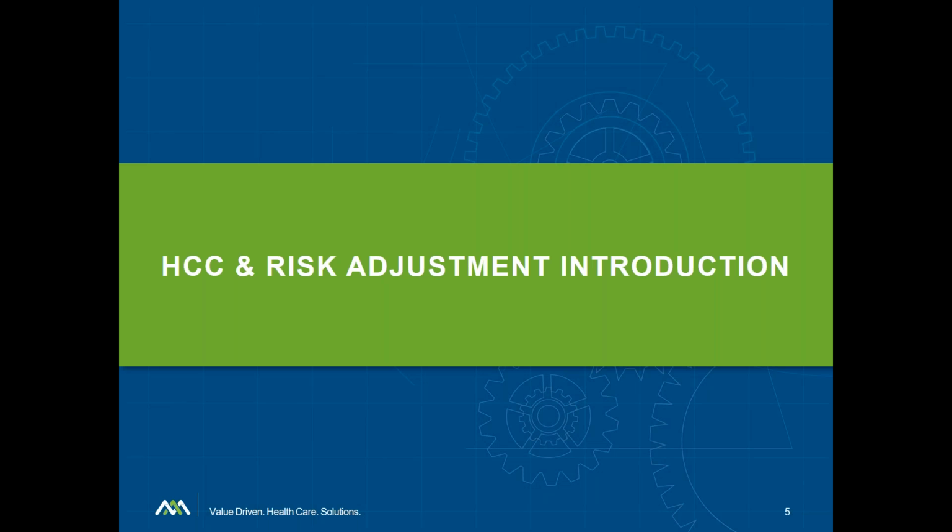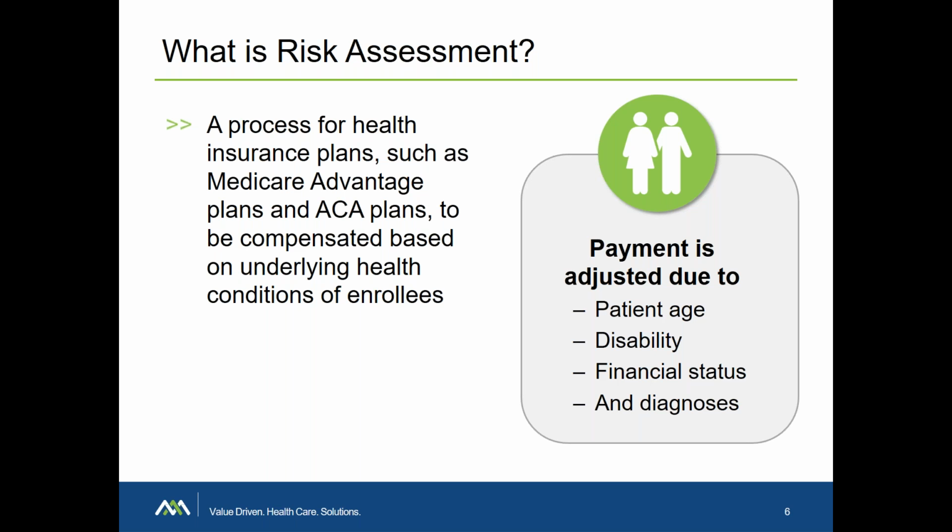All right. So the first thing we are going to discuss is HCC and risk adjustment. So what is risk adjustment? This is a process where health insurance plans such as Medicare and ACA are compensated based on underlying health conditions of enrollees. So risk adjustment is a modern methodology that accounts for known and discovered health data elements and levels comparison amongst the wellness that patients have.